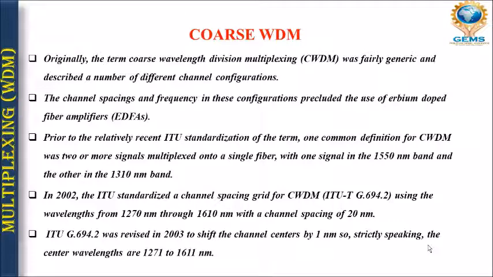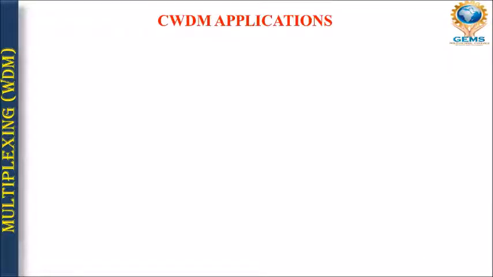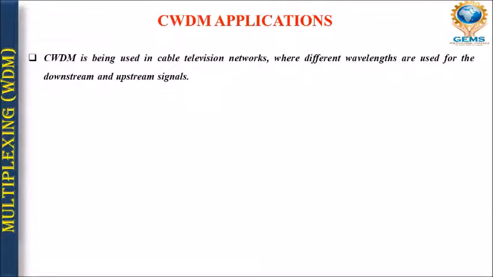See the difference between these two: earlier it was 1270 to 1610, and later it was incremented by one, that is 1271 to 1611 nanometer. So let's talk about some applications related to CWDM.